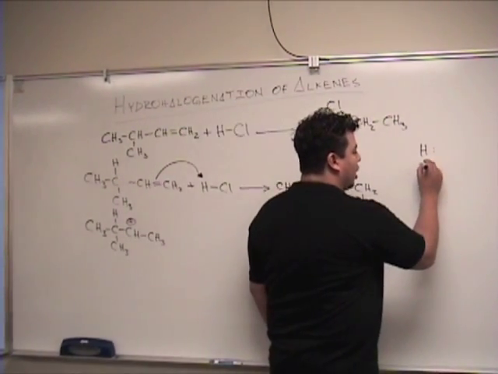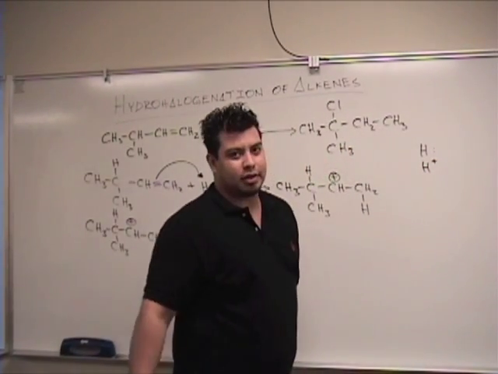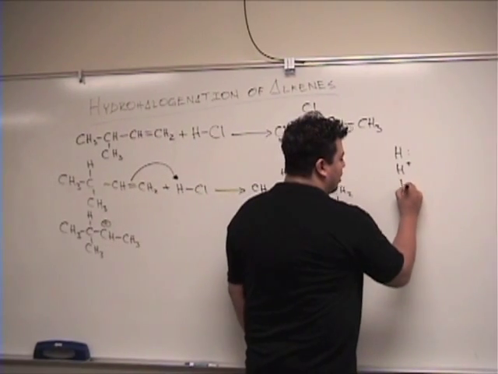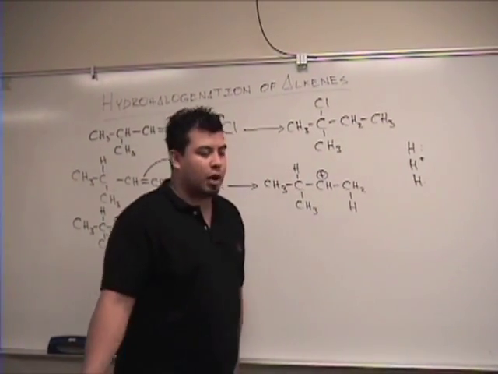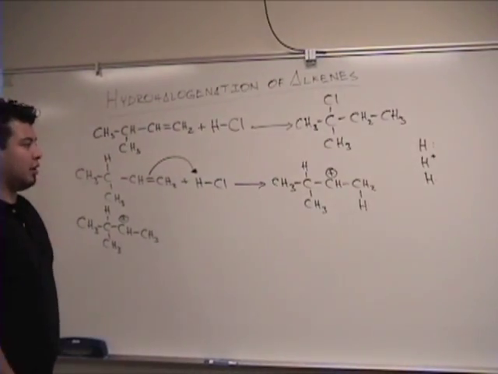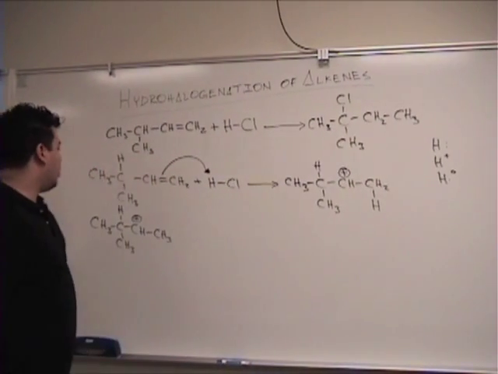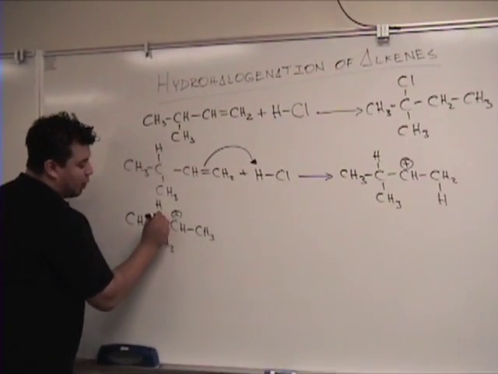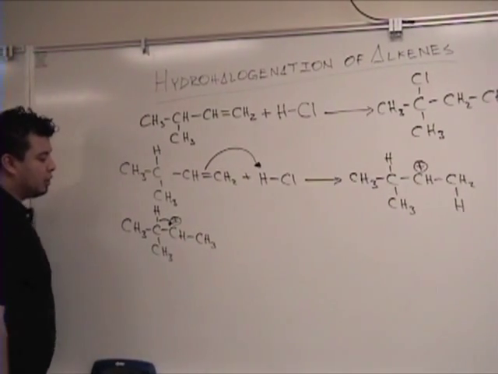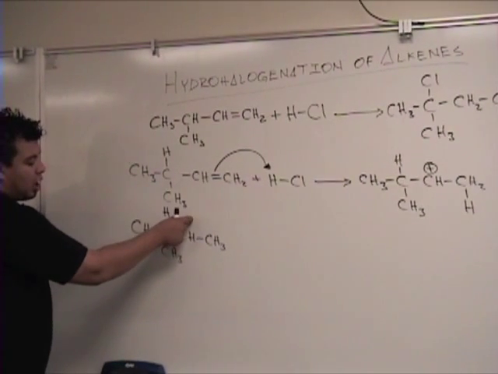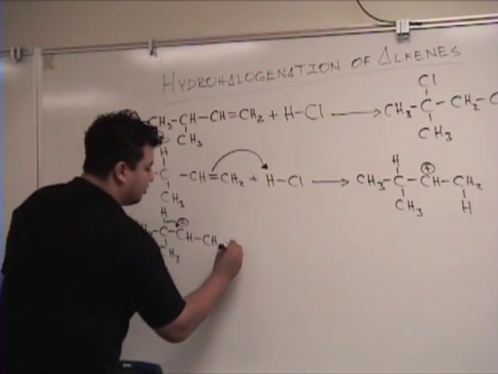We have a proton, which is an H without any electrons, and we have hydrogen, which is H with 1 electron, 1 proton. They cancel each other. The charge on this is 0. So we're moving the hydride, that means both electrons go here to this carbon. So the charge, the empty orbital, is going to be on this one now.